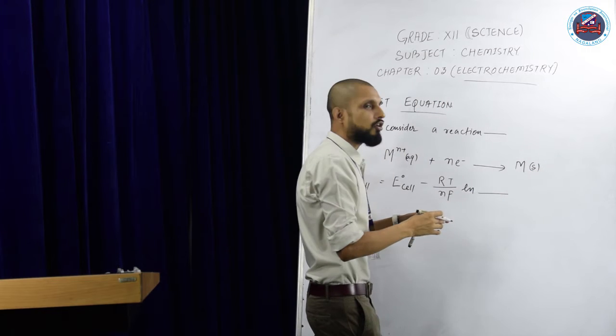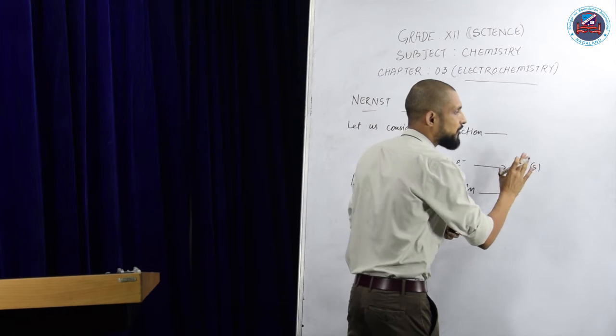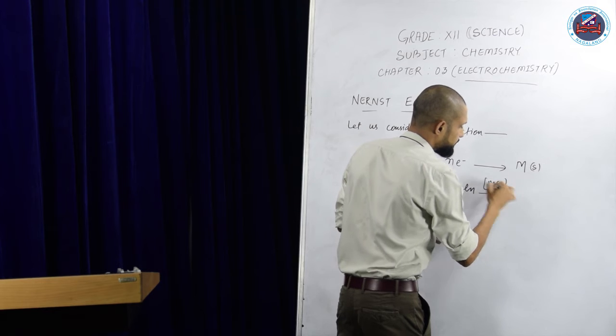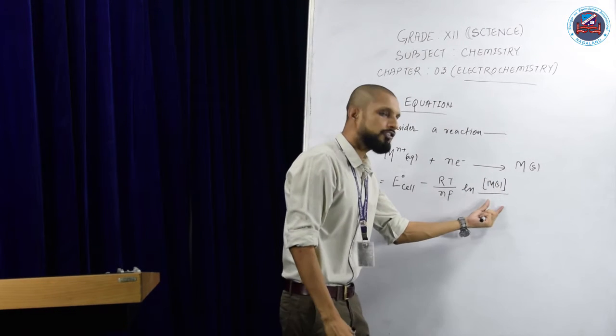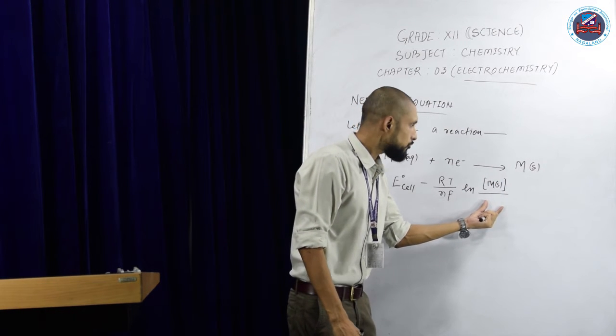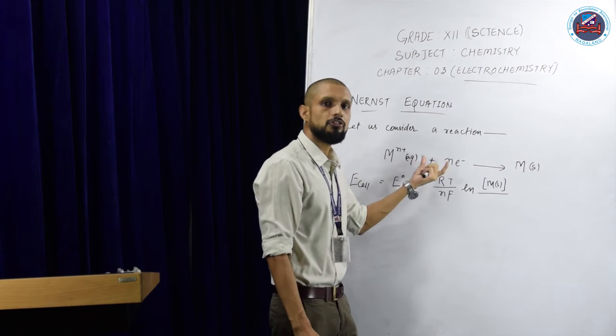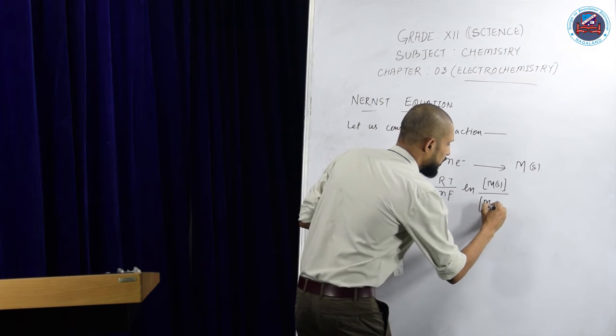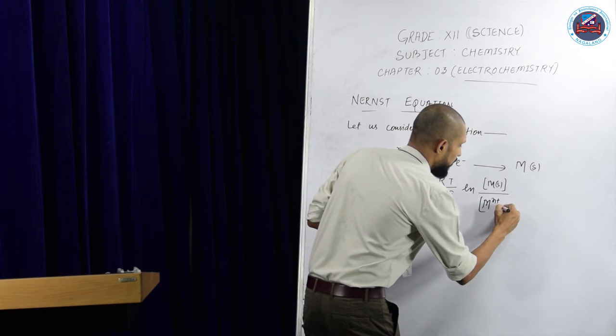You'll write the concentration of the species present in the product, so M solid. And in the denominator you'll write the concentration of the species present in the reactant. So we'll write here the concentration of M n positive, that is aqueous.